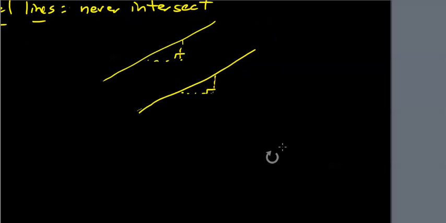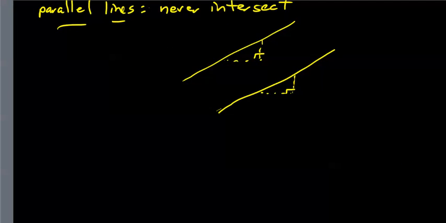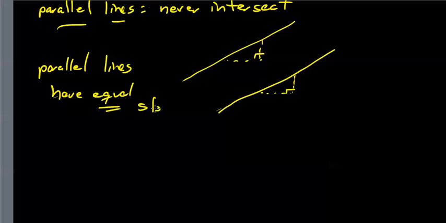All right, so the idea here is parallel lines have equal slopes. We can make that a little more formal.